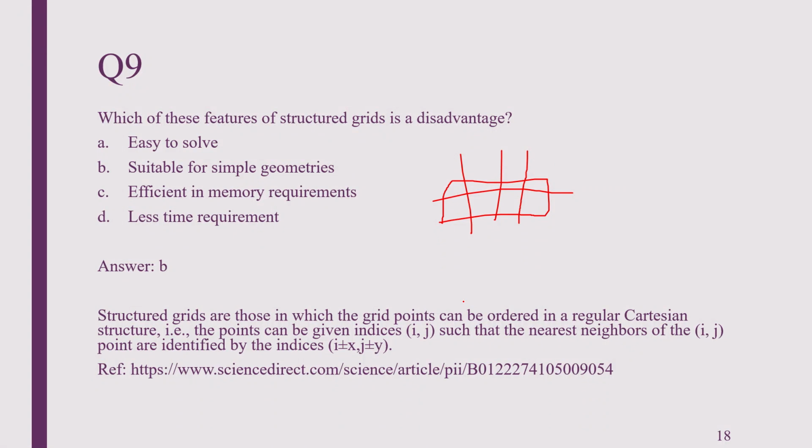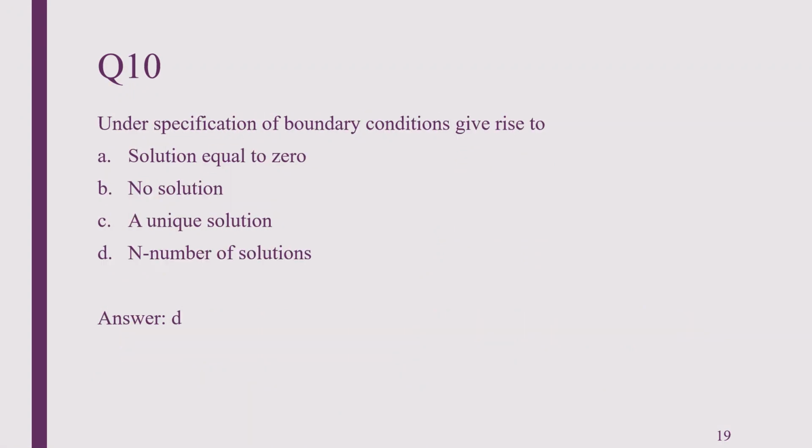That is, the points can be given indices such that the nearest neighbor points are identified by indices I plus or minus x, j plus or minus y. That is, if it is I, we can say that I plus 1. If it is j, we can say j plus 1 or j minus 1. Anything we can give the nearest neighbors, the points identified by the indices. Like previous indices, if it is ij, we can give the next nearest neighbors as I plus or minus x, j plus or minus y. So these are the structured grids.